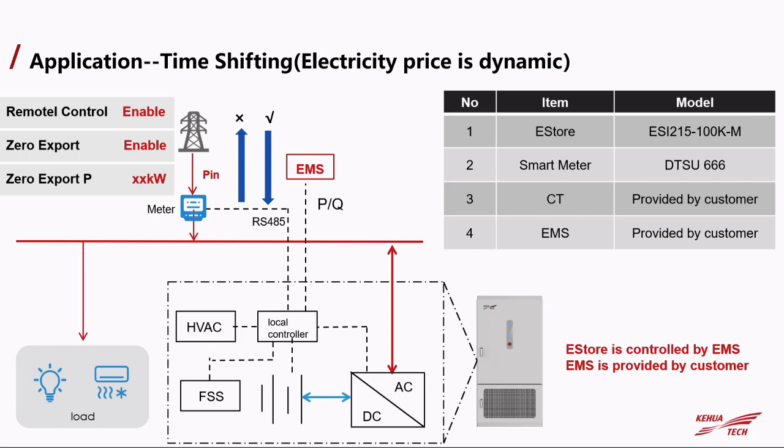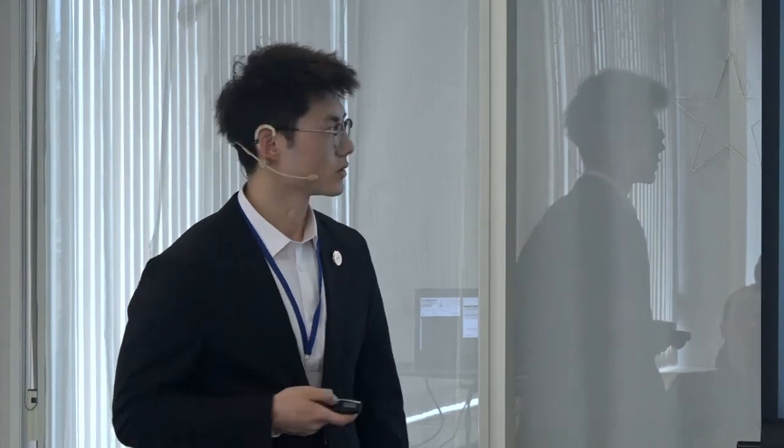Because we have the remote control function, the EMS can send a relevant power order according to the electricity price. For example, when the price is at a high level, the EMS sends a discharge order to the energy storage system. Then the energy storage system can discharge to provide energy for the load.